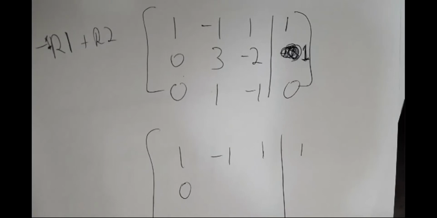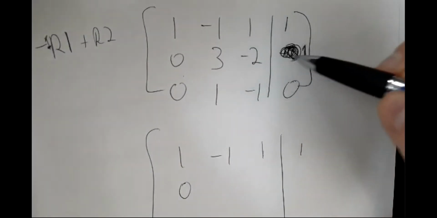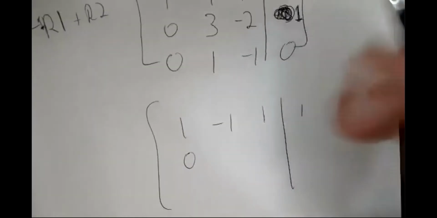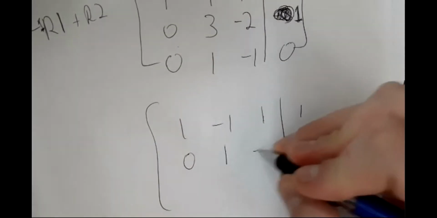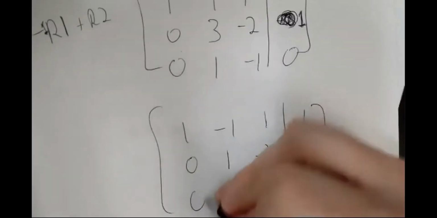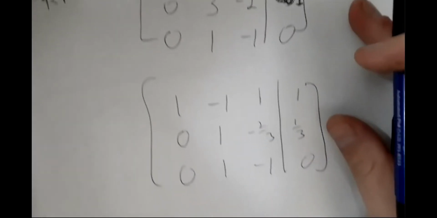Turn the 3 into a 1. Okay, so if we turn this 3 into a 1, how do we do that? We divide by 3, or multiply by a third. 1, minus 2/3, and 1/3? Then 0, 1, minus 1, 0.